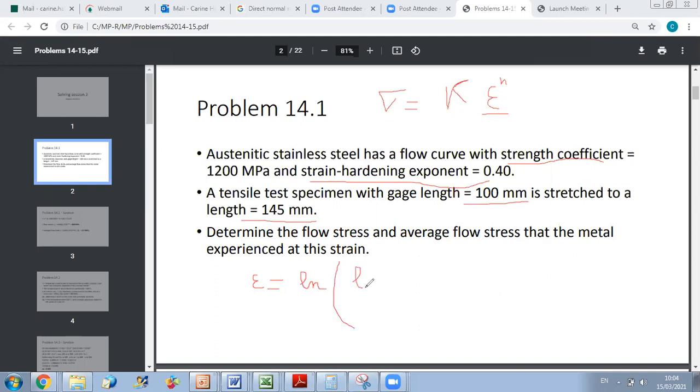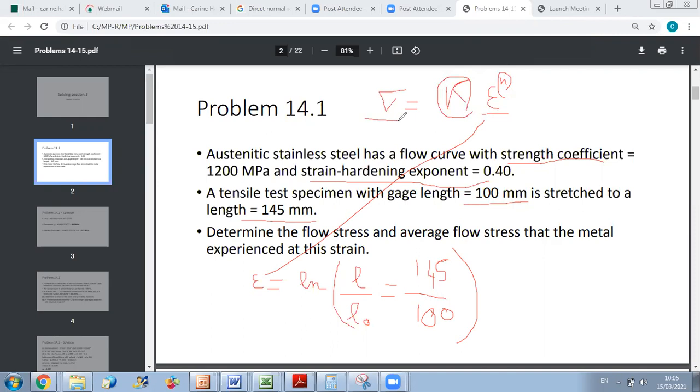So here, all we have to do is replace L by 145, okay, and L0 by 100, so we can get the value of epsilon. Once we get the value of epsilon, we can replace back into our formula. So we replace epsilon here, knowing the values of n and k, we get the value of sigma. This will correspond to the flow stress.